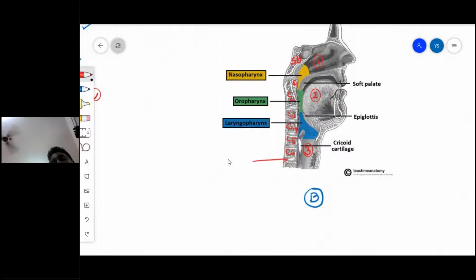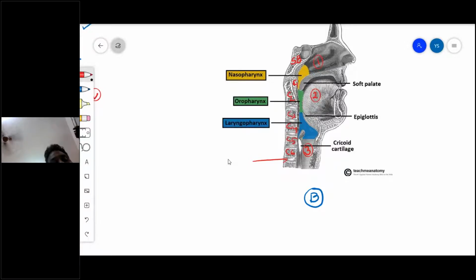Again, I'm clarifying the relations of the pharynx. In picture B, we can see that anteriorly it communicates with 3 parts from above downwards in order: number 1, the nasal cavity, number 2, the oral cavity, number 3, the larynx. Posteriorly, it is supported by and related to the upper 6 cervical vertebrae, the intervertebral discs, and the lower part of the body of the sphenoid bone.